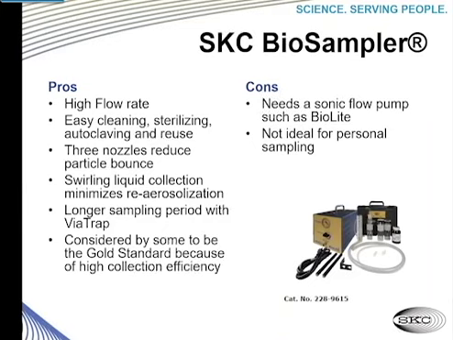The swirling liquid collection method minimizes reaerosolization and gently entrains bioaerosols to preserve viability. And when we use the biotrap, the collection efficiency stays constant over an 8-hour sampling period. So you don't need to worry about the liquid potentially being evaporated if you use the biotrap.